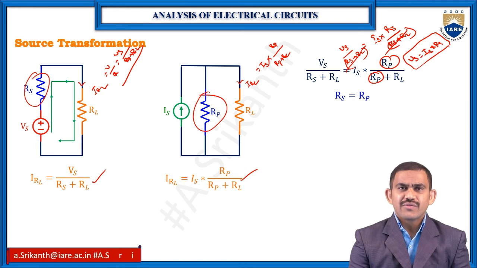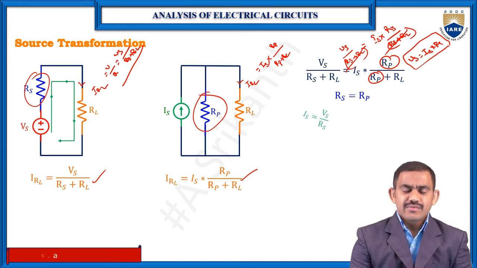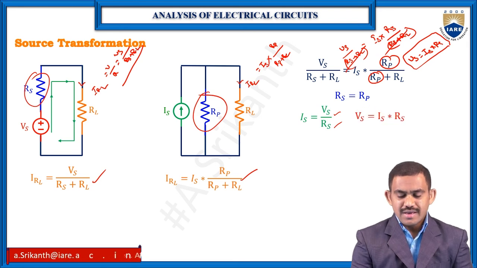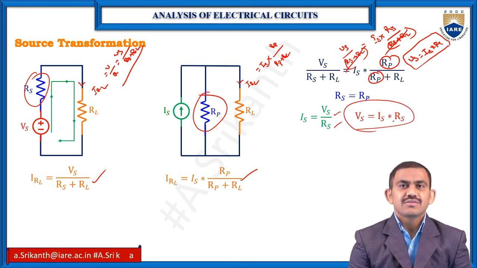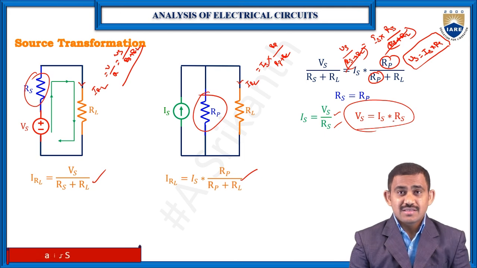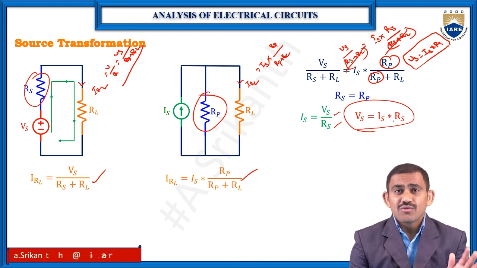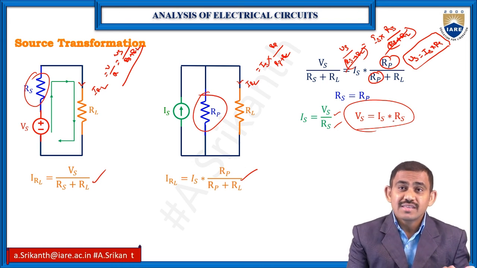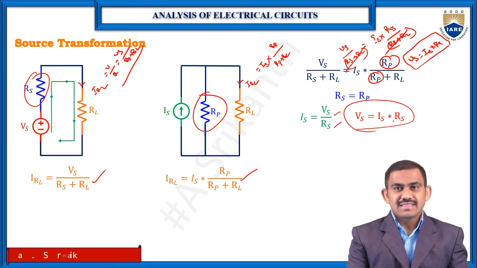If I want the Is value, that is Vs by Rs. If I want the Vs value, it is Is into Rs. That means when converting a voltage source to a current source, the current value is the voltage source by the internal resistance.